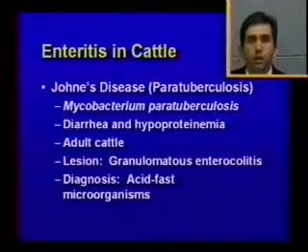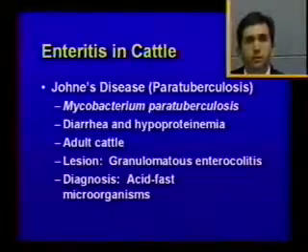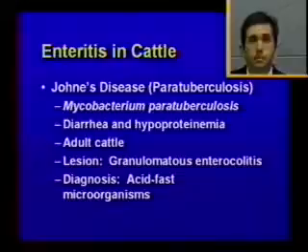An important cause of enteritis in cattle is Johne's disease. It's also known as paratuberculosis. It's caused by the bacterium Mycobacterium paratuberculosis, and it affects adult cattle, causing severe diarrhea and loss of protein from the body. Histologically, it has a very classical lesion, and that is granulomatous enterocolitis.